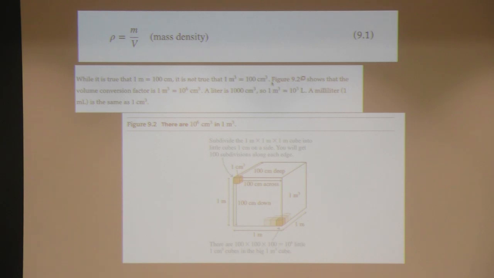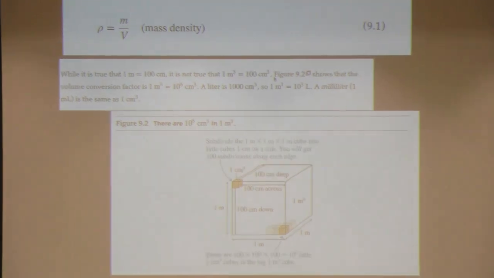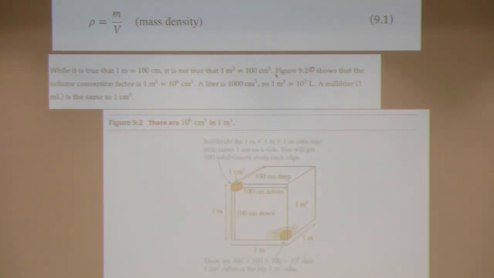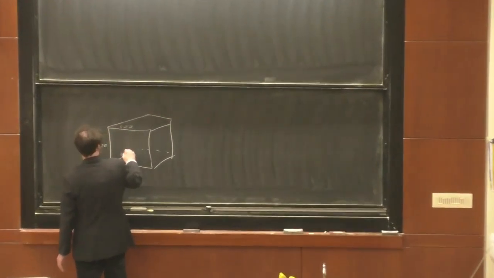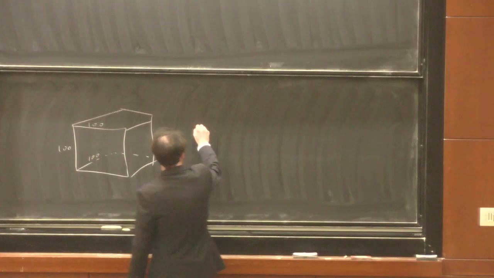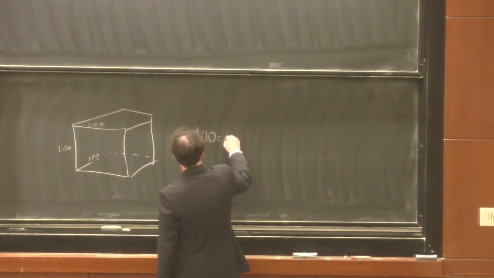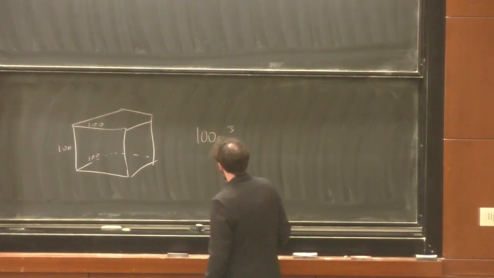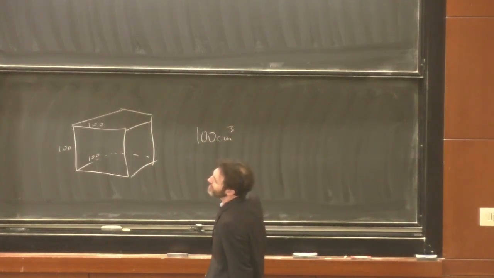So if we have a cube that has 100 centimeters in every direction, how do we convert that into meters? Then we have 100 centimeters cubed, and how do we convert that into meters?